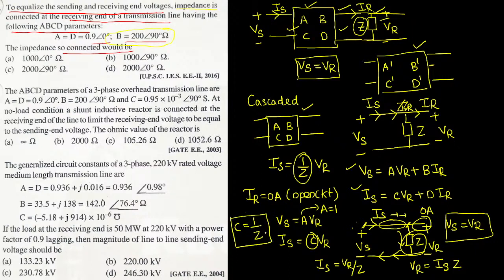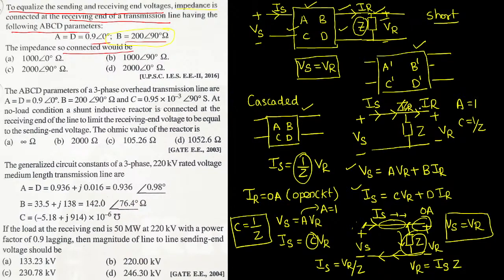Next parameter we found now. So we found two parameters now. Value of A we found equal to 1 and the value of C also we found, that is 1 by Z. Since we are designing actually ABCD parameter, by default I told you, while calculating the problems based on ABCD parameter, you can assume that the line is short transmission line.